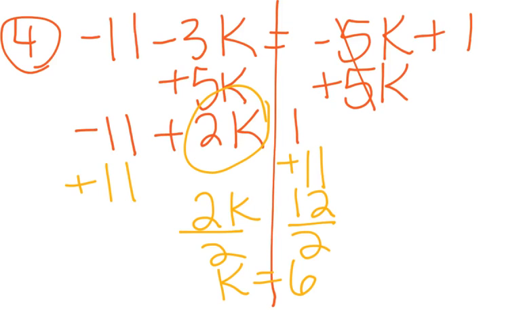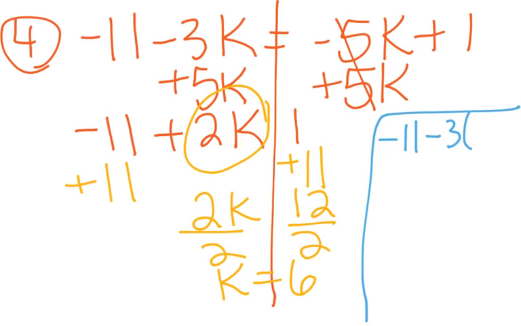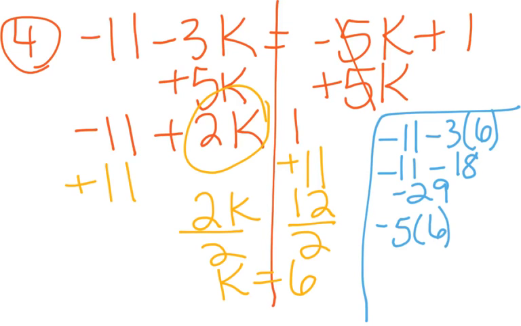I want to check my answer. One side of my equation says negative 11 minus 3 times k, which is 6. Negative 11 minus 18 is negative 29. The other side is negative 5 times k, which is 6, plus 1. That's negative 30 plus 1, negative 29.